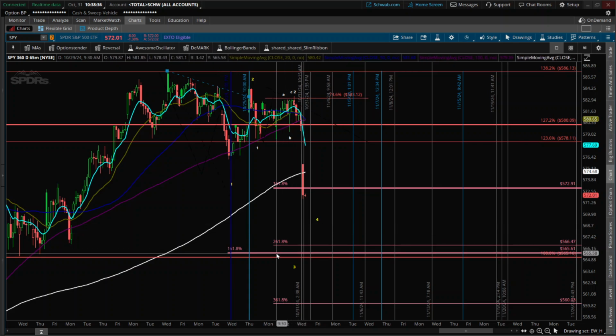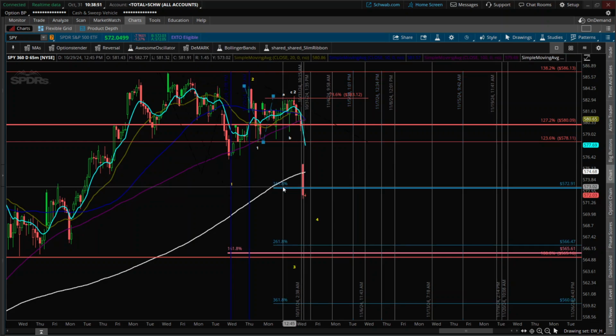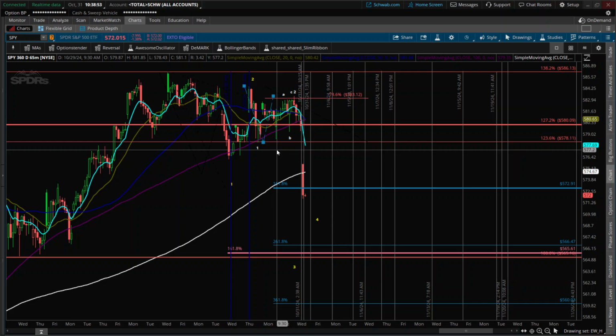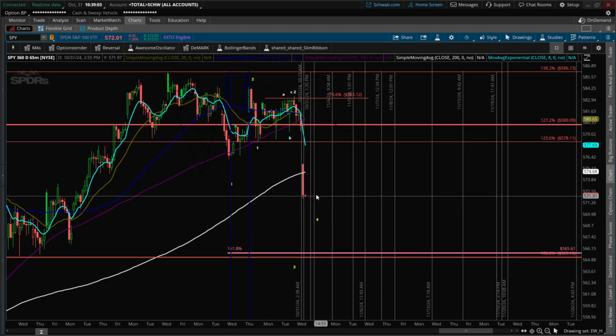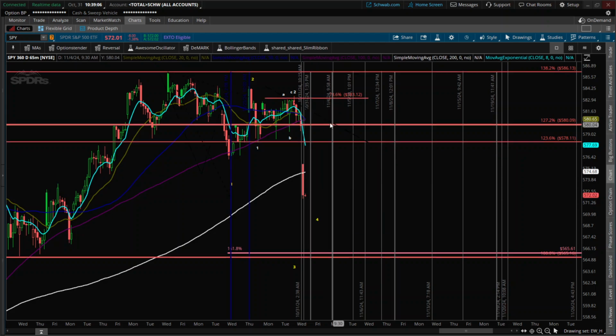Okay, so initially we have in the yellow a wave 1, a wave 2, and now in the white we have a 1, 2, and then likely a wave 3 would make it to this 162 for the white. But I'm not going to get caught up in this market structure too much, because when you get down to these lower ones, they seem to stretch out and get much more lengthy.